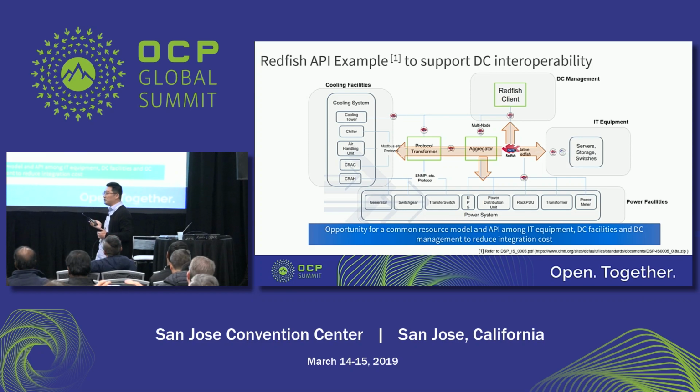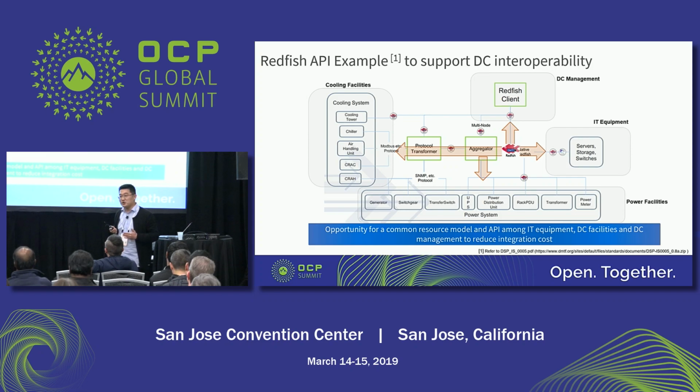And for the IT equipment, the situation is much better because more standard protocols are used there. Like IPMI is widely adopted by servers for power and thermal or some environmental sensor collection. And today, most of those IT equipment are moving to Redfish. So actually, this diagram is borrowed from the Redfish power and cooling facility management spec.